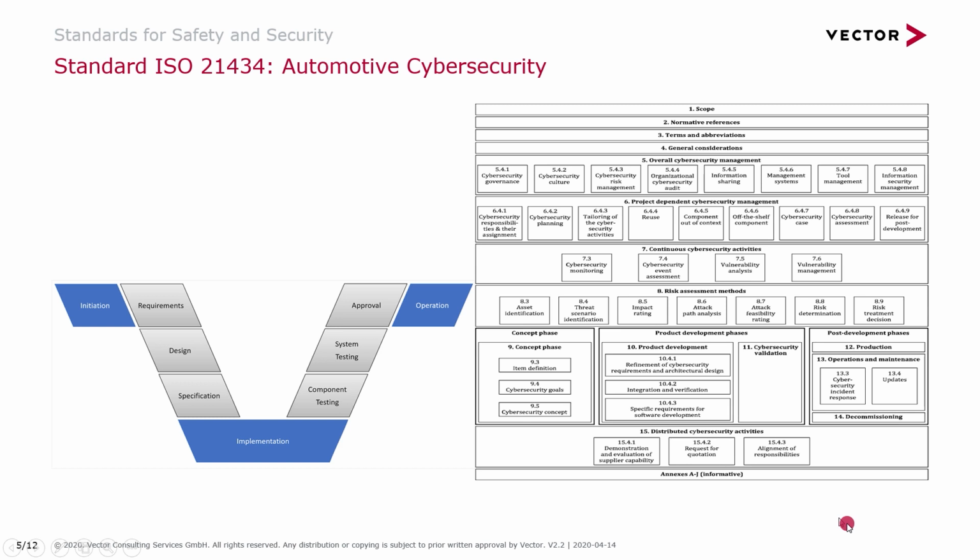Let's zoom a little bit into some of the mentioned standards. The 21434 on automotive cybersecurity has a very clear structure in which we can see what I just explained with respect to the overlap in terms of shared activities. We have, for instance, on one side the cybersecurity management. We have project-dependent security management, and we have a lot of activities which are used throughout the life cycle.